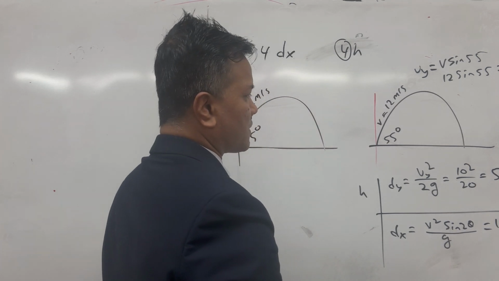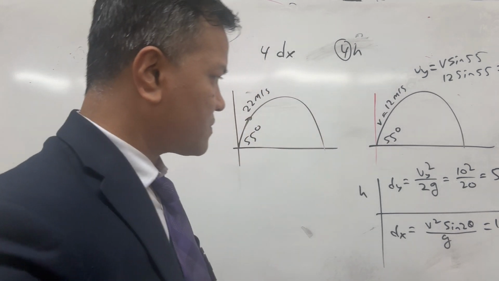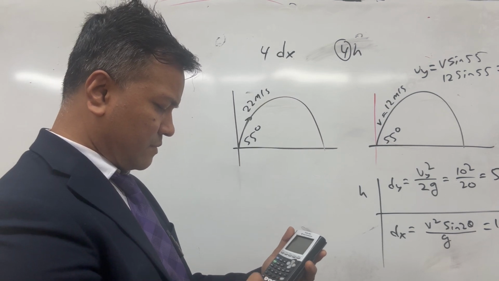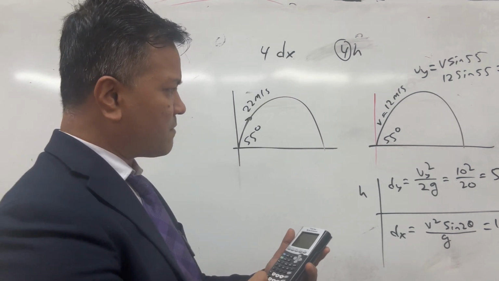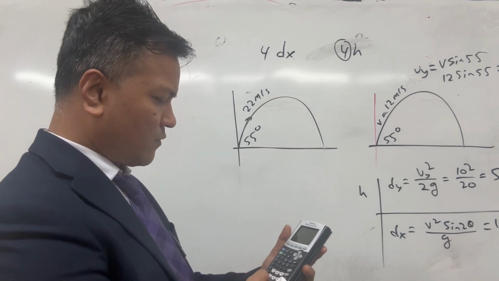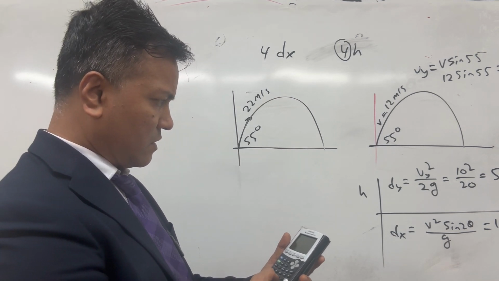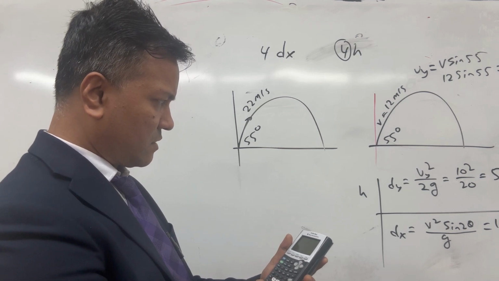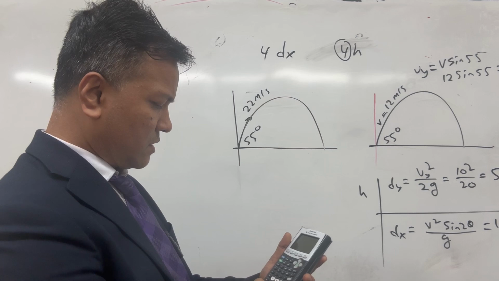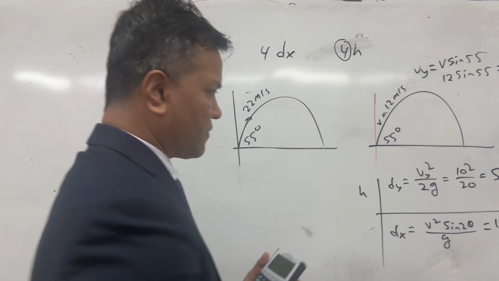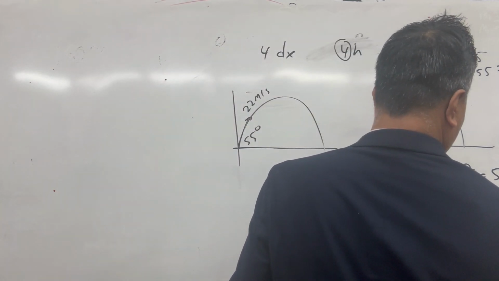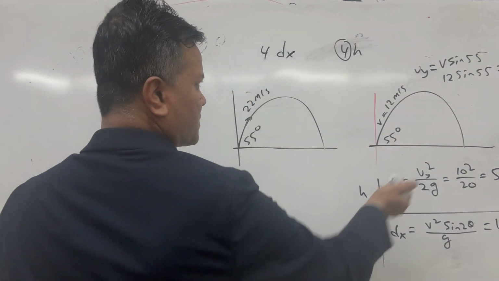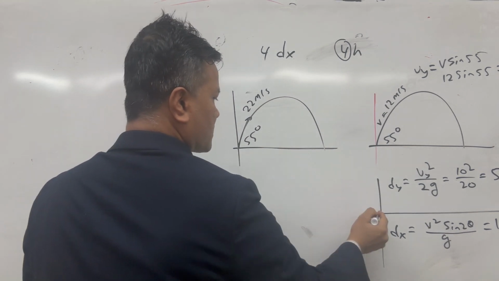This is 55, so 55 times 2 is 110, so 144 sine 110, and that is 135. So this one is 135. Now let's see. I predicted 4 times, but it may not be exactly 4 times.